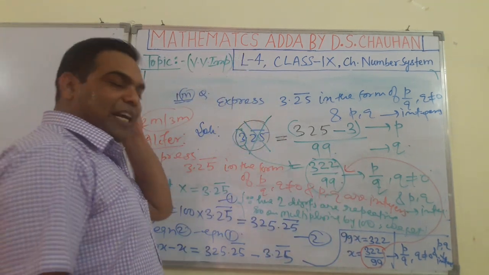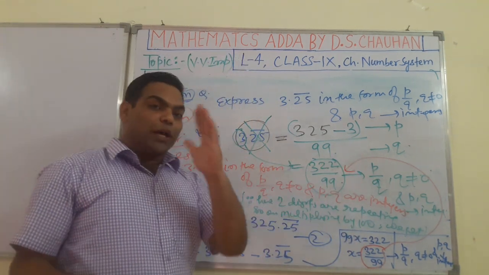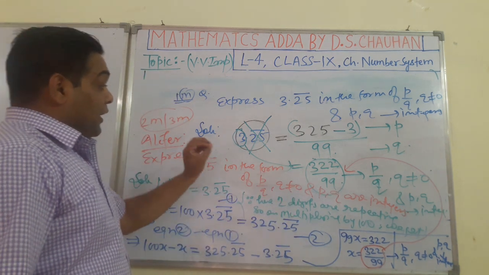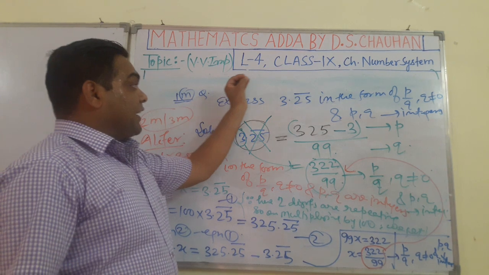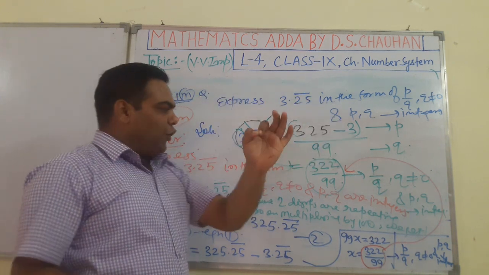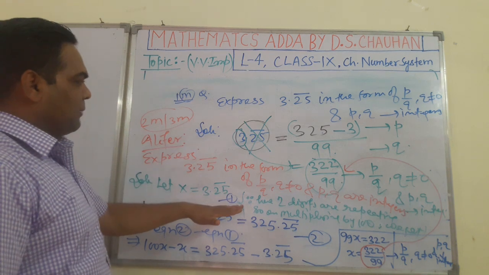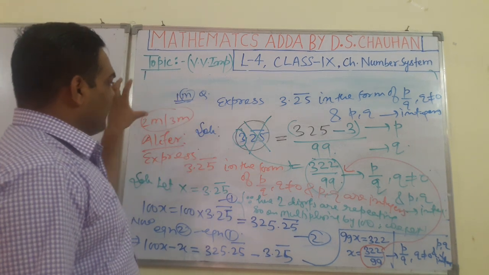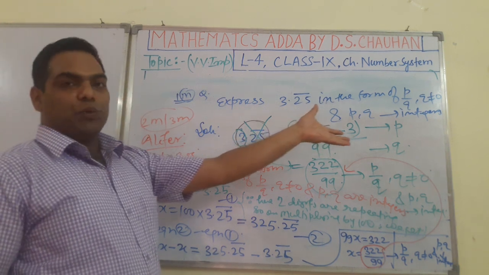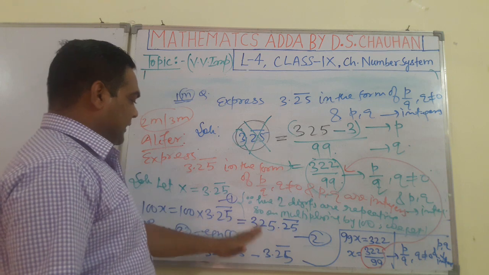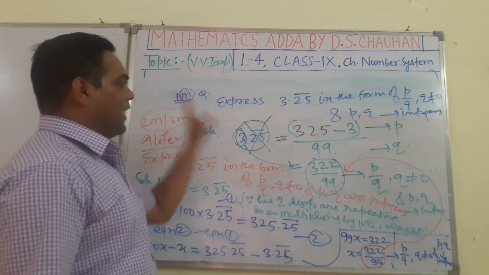In competitive exams, and in academic exams with very short answer type questions, you can easily proceed in the ways I have described. I hope it is clear to all my students.